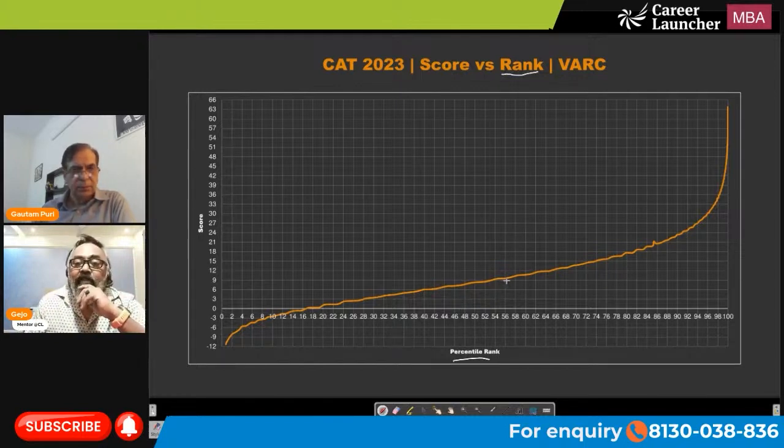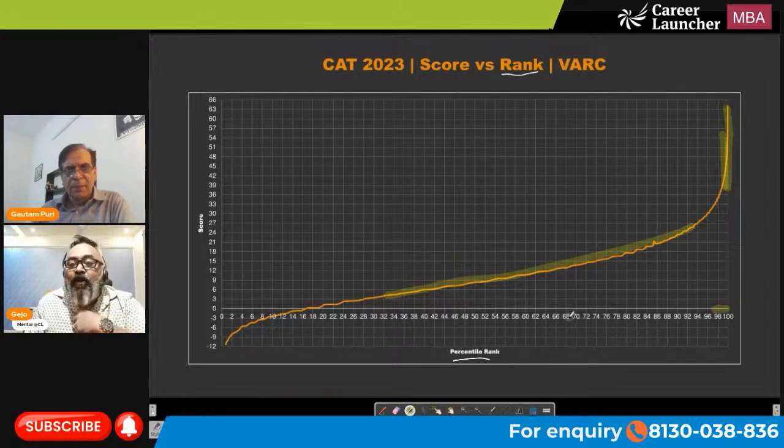What you obviously see is that there is a very steep increase in score with a slightly low percentile. There, the game is very different, but otherwise, the increase is kind of linear till a particular point. Some of you would be maybe in your 20s, some in your 30s, some in your 40s.